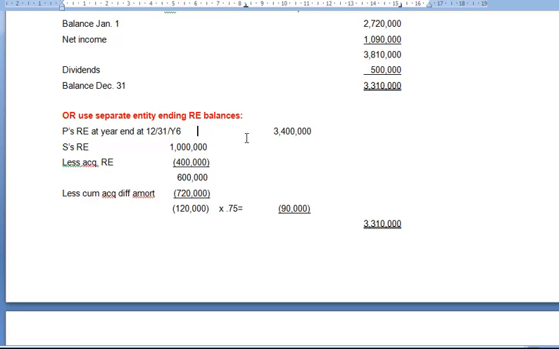So all we're saying here is that the ending balance of consolidated retained earnings is P's separate entity retained earnings, plus the sub's adjusted post-acquisition retained earnings at the parent share. Because these are consolidated statements, the parent's preparing it, it only wants to pick up its share, which is 75%.